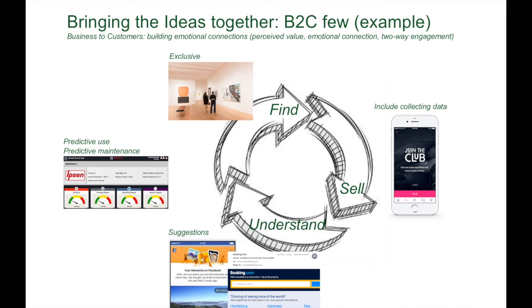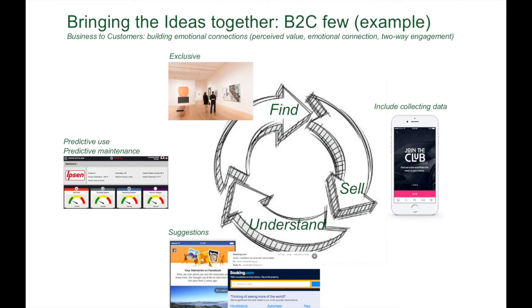Then I would try to engage them, which would include that I start collecting data. It's very important that I try to start early to collect specific data. If I sell to many customers, like on the page before, I can assume that on average, consumers use the car in a certain way.